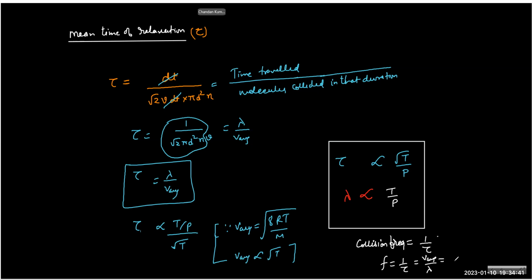And because it is the inverse of tau, we can write it as proportional to P by root T. That's it. So I hope these three formulas are sufficient. Just remember this. These are the most important formulas for you. Is this clear, guys? Tell me.